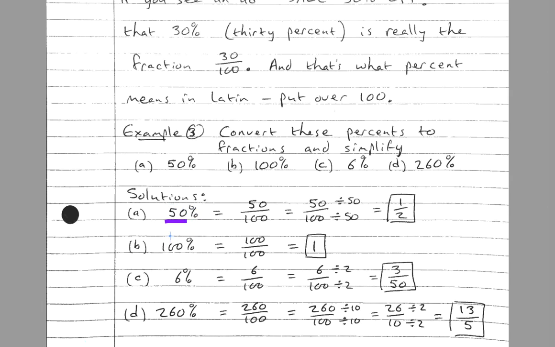You put it over 100, and then you can drop the percent symbol. Now it's just a regular fraction. And we can certainly simplify this. The greatest common factor is 50 between the top and the bottom. So divide out by the 50, you get 1 over 2. All right, so you probably knew that already. So 50% is 1/2, 1 over 2.